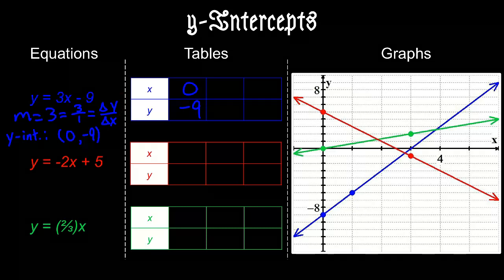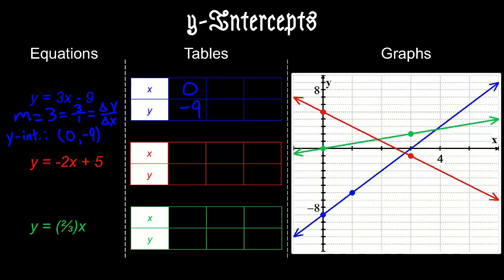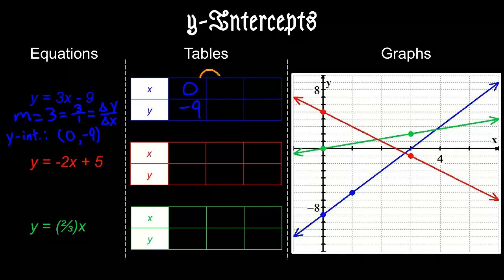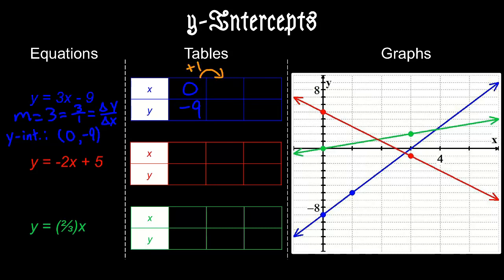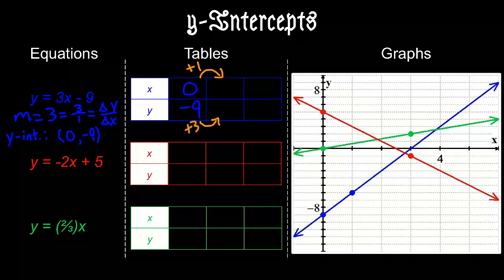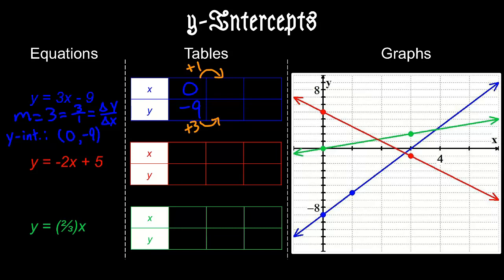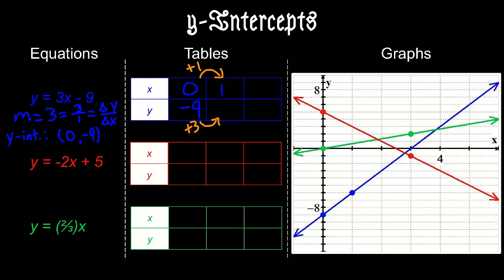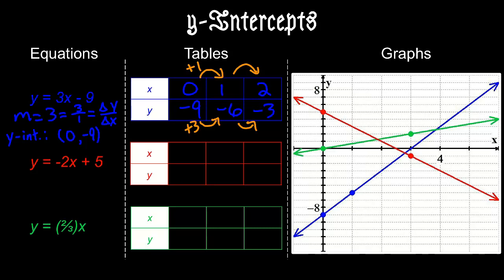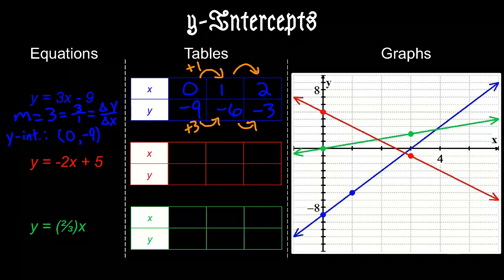So here what I'm going to show is as our x value increases by 1, our y value increases by 3. So that means that x will go from 0 to 1, and y will go from negative 9 to negative 6. And now we can continue that pattern where the x value increases by 1 and the y value increases by 3. And that pattern would continue in the table.